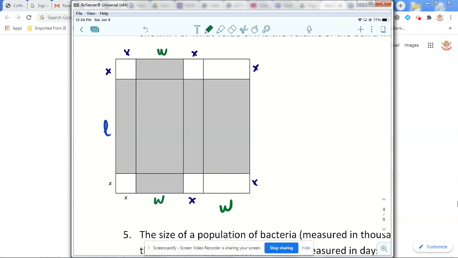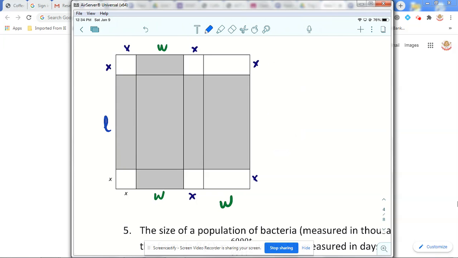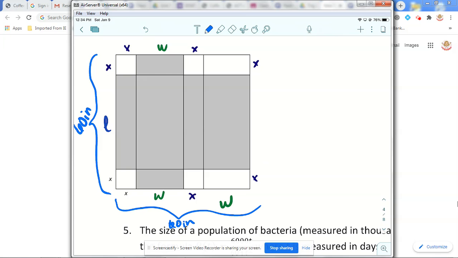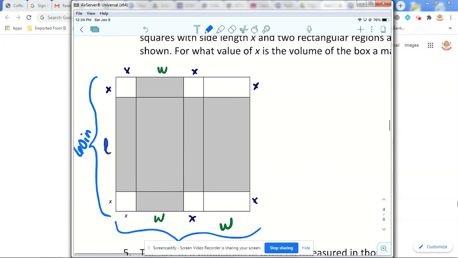And then one more thing that I know is that this is 60 inches because it's a square box, and so is this. All right, so we have a lot to do.